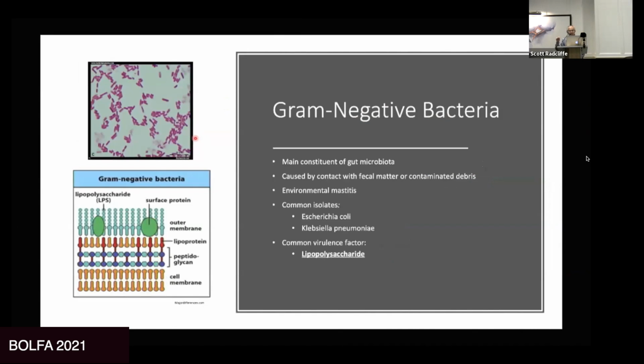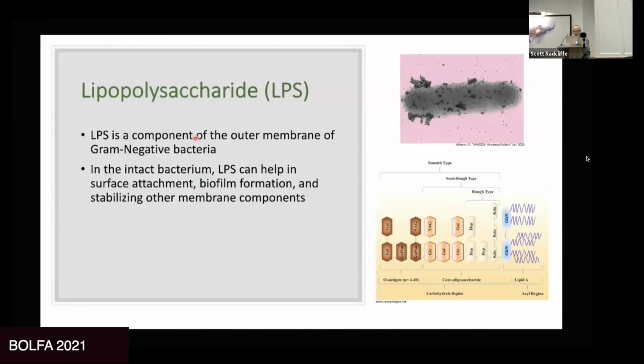But for gram-negative bacteria, the main cell wall structure is LPS, which is the major virulence factor. A lot of studies, instead of infusing bacteria, just infuse LTA or LPS. So in our study, we use LPS too.